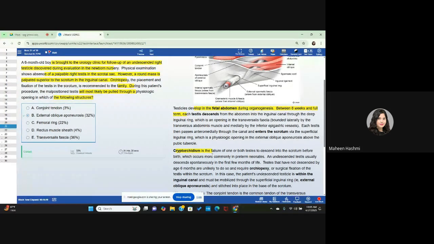You advise the parents to wait for 6 months, because naturally they will descend. If they still don't descend, you do an orchiopexy. If you do not do this, the patient will be at risk for infertility or cancer.